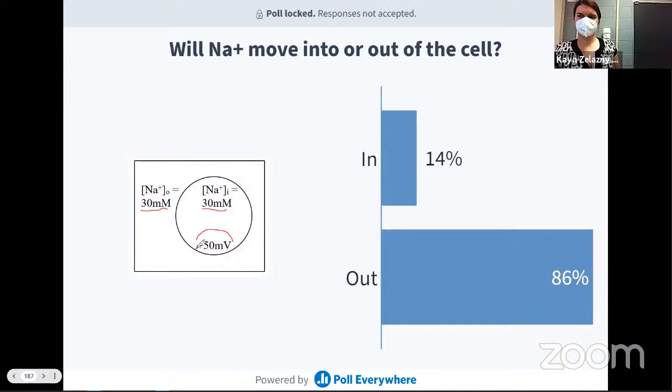And we note that inside the cell, we have this positive charge. Sodium has a positive charge on it, so it's repelled out of the cell. So our electrical driving force is out. We have no chemical driving force. CDF equals 0. So we're going to go out.